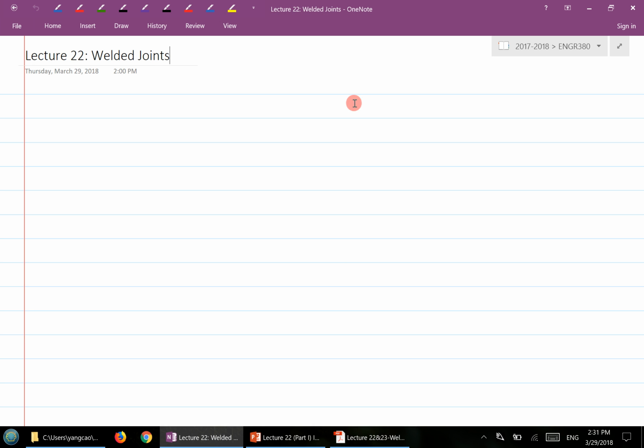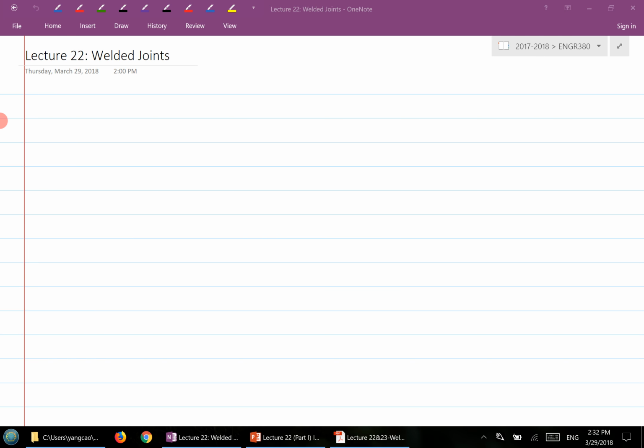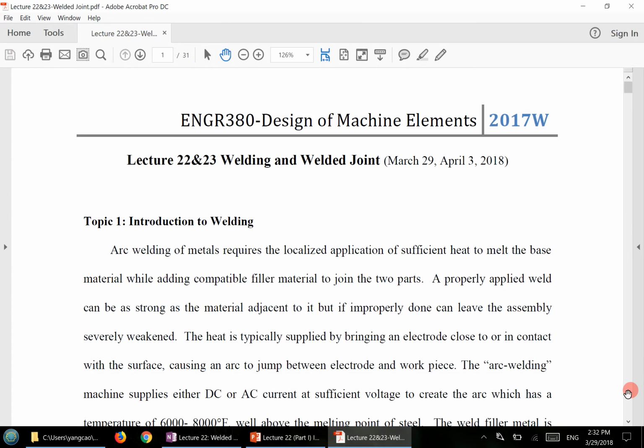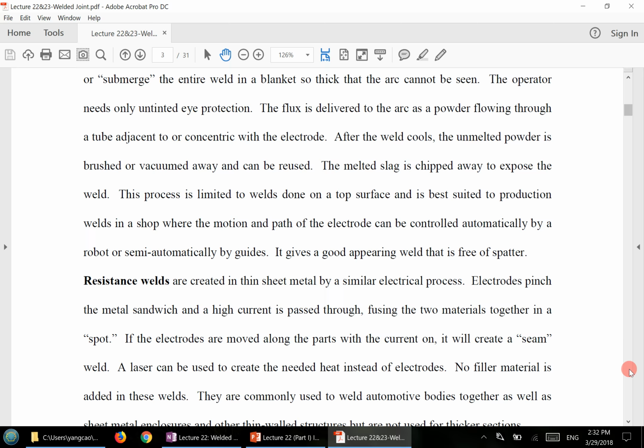In the next portion, we're going to focus on the safety of welded joints. In order to talk about the safety of welded joints, I have to go over two parts. As with everything we learned before about machine elements, we have to look at the stress that exists at a point, and also look at the strains, and then compare the stress and strains to determine the safety.